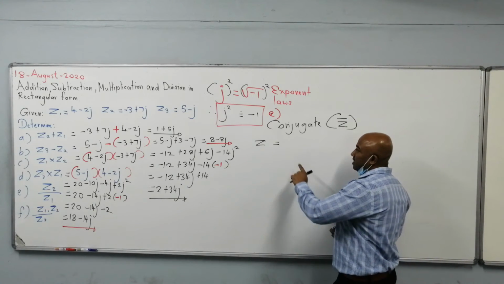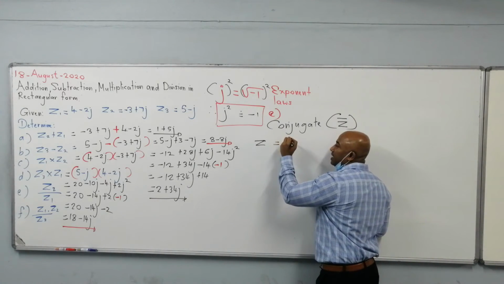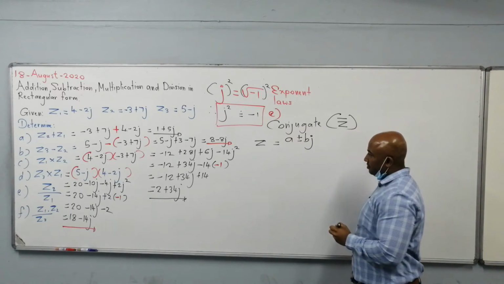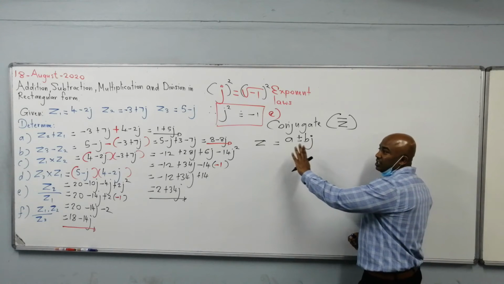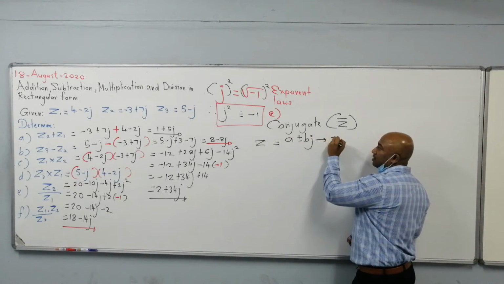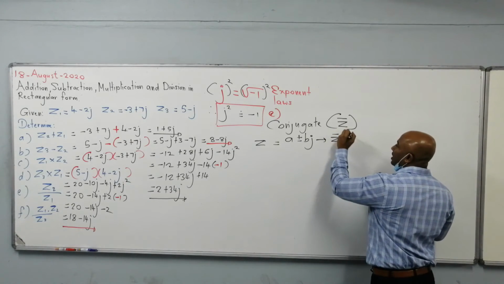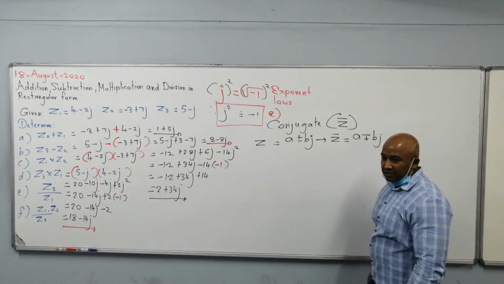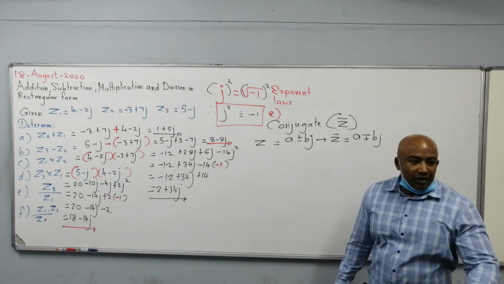Now, what does it mean? So let's say if I got a plus or minus b times j. That is the original complex number. Then the conjugate will equal a minus plus b times j. So this covers everything. What does that mean?